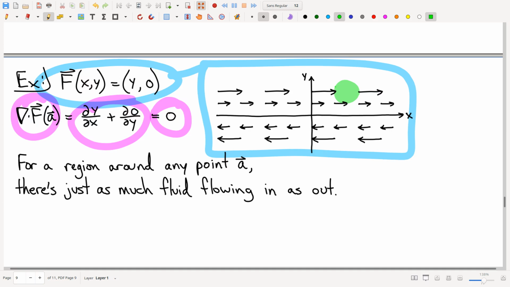From the picture, it seems to me there's just as much fluid flowing in as there is flowing out. So it tracks and makes sense that, net, total, there isn't any generally outward flow here. It's just as much in as out. It's just not net outward. Is that satisfying?